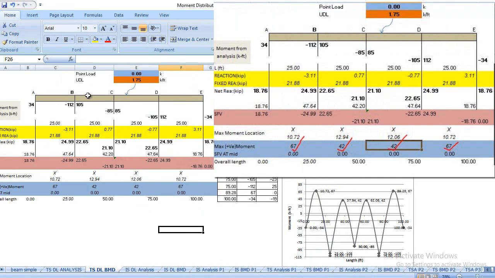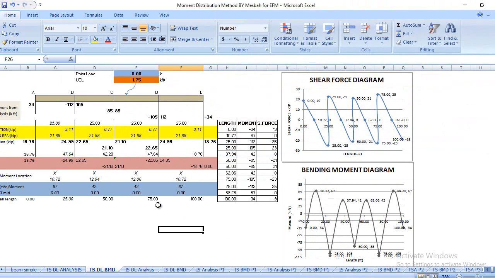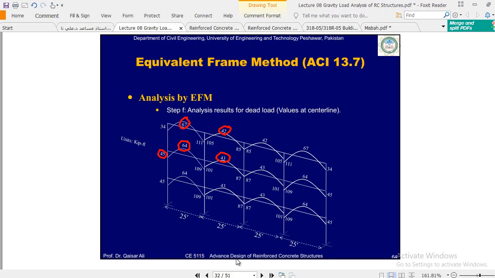That's why I did the same calculation there. And you see the results. Clear? So for the top story, that is how I got these 67, 42, 42 and 67.